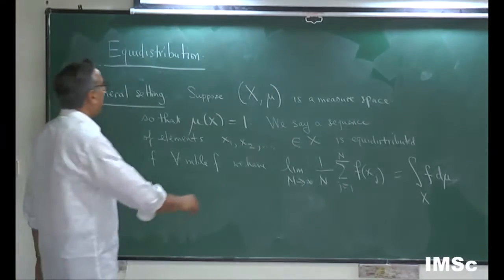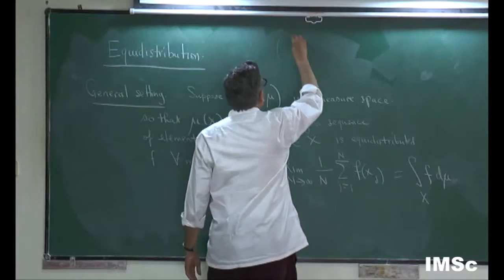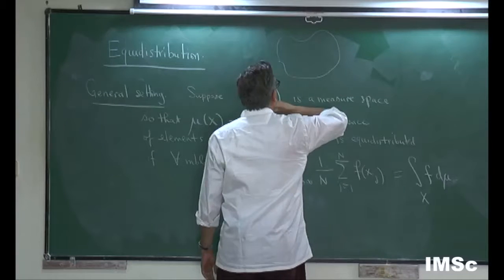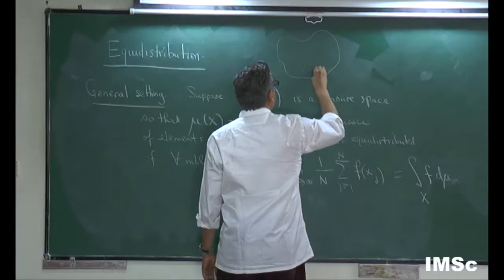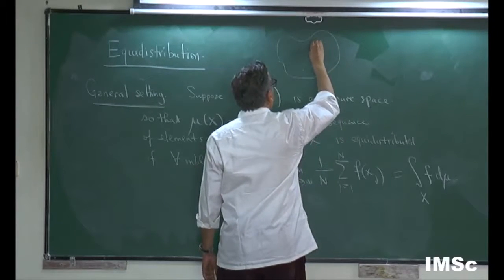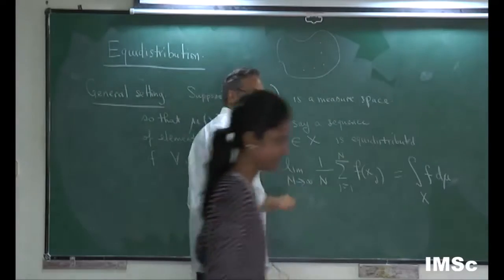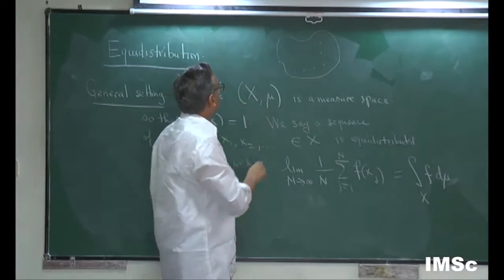So I have some abstract space and we have a bunch of points x1, x2 as I move through the sequence.